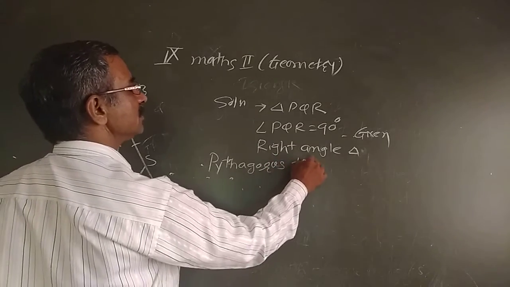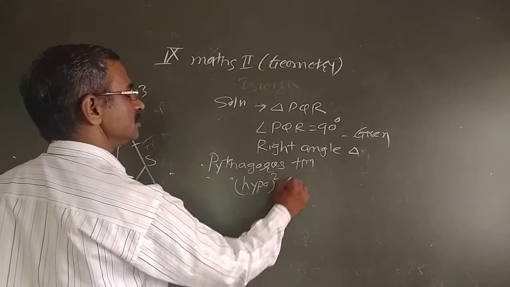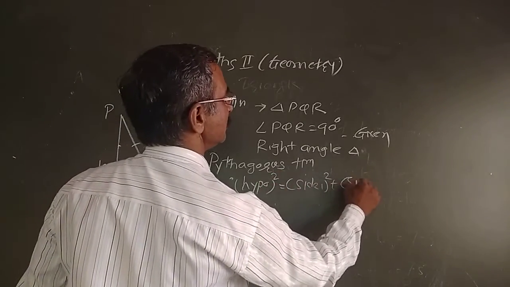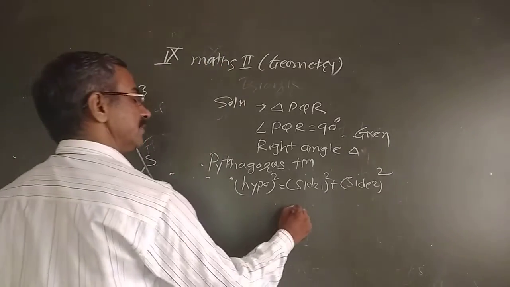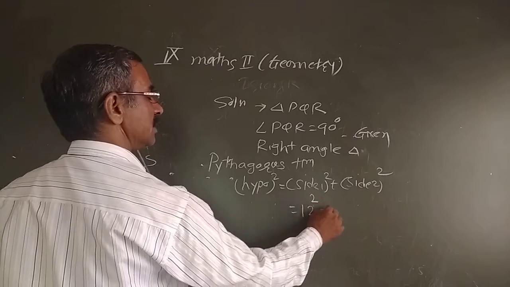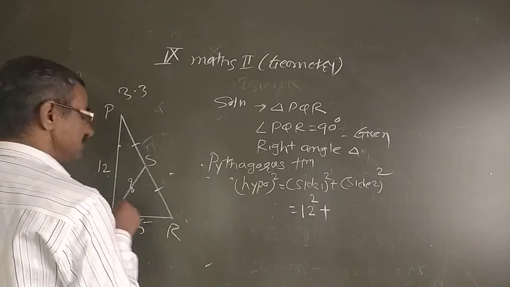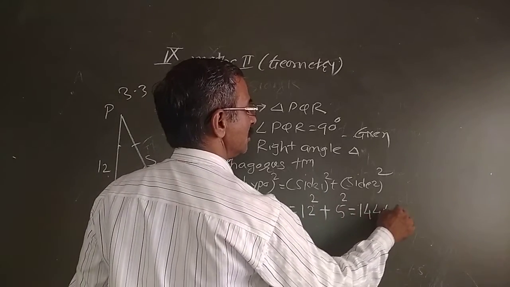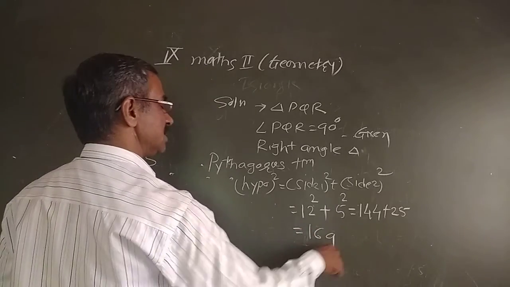What does the Pythagoras theorem tell? The hypotenuse square in a right angle triangle is equal to side 1 square plus side 2 square. By taking the values, side 1 is 12, its square is 144, side 2 is 5, its square is 25, and the total sum is 169.